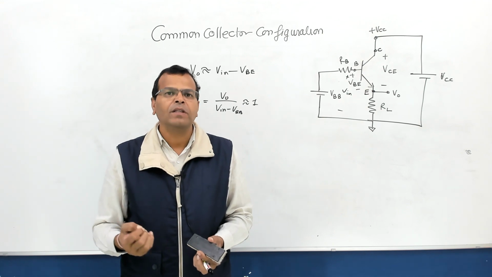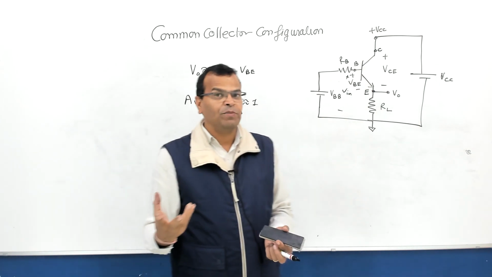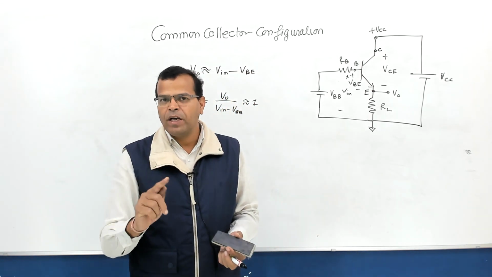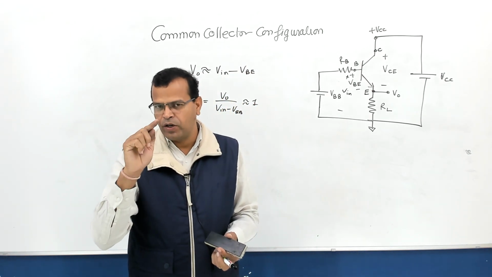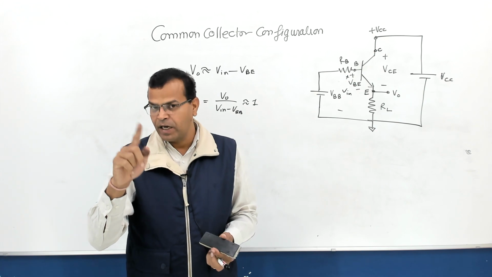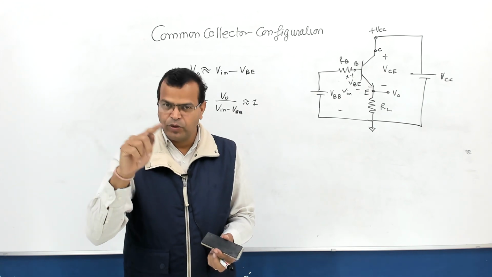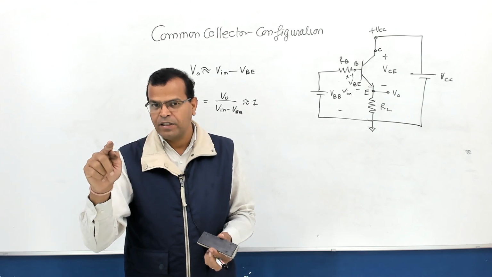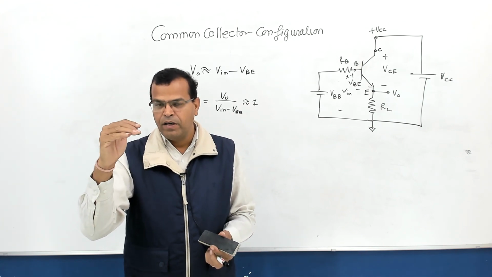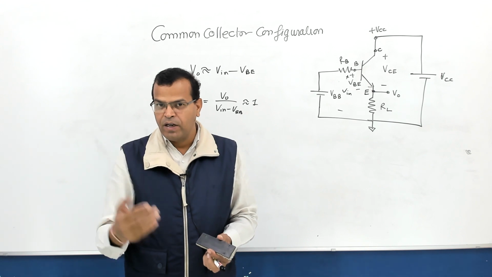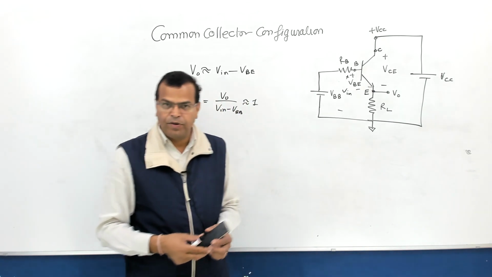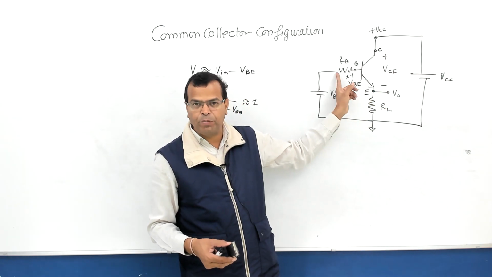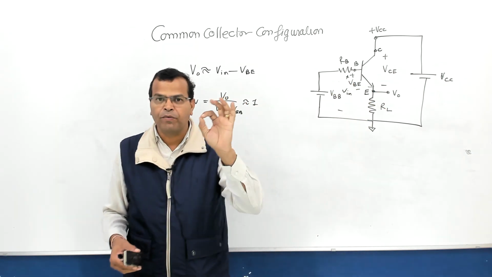So I repeat, some points to be remembered here. The common collector configuration has voltage gain of the order of unity, but its current gain is high. It is used as a buffer amplifier in pulse and digital circuits. It increases the power level without changing the voltage level. The configuration where the emitter terminal is following the input voltage is called emitter follower.